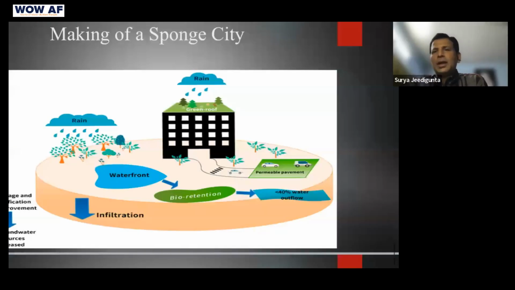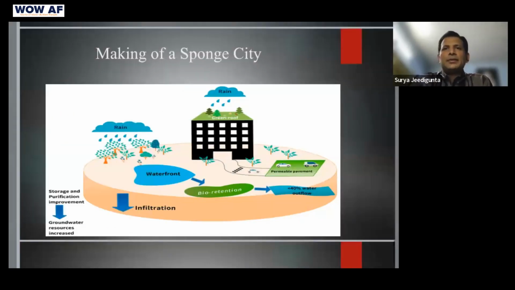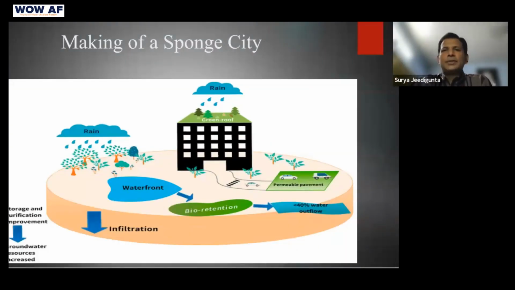Yes, I think we are coming to the end of my presentation. This is the making of a sponge city, where you want to save every drop of water, both at the building level and at the ground level, through infiltration, everything. So we need to start with the city master plan, and once we have this, start at the unit level, at the community level, expand it to the city level, and then move towards tier two and tier three.